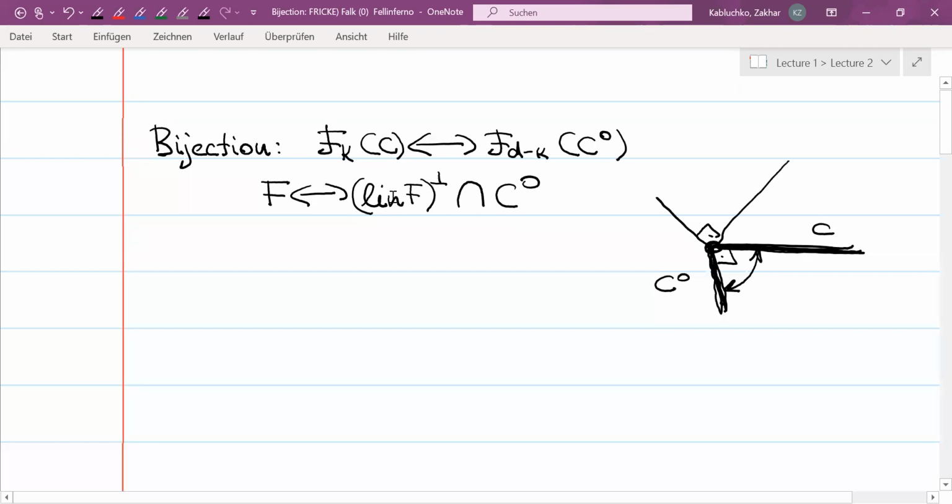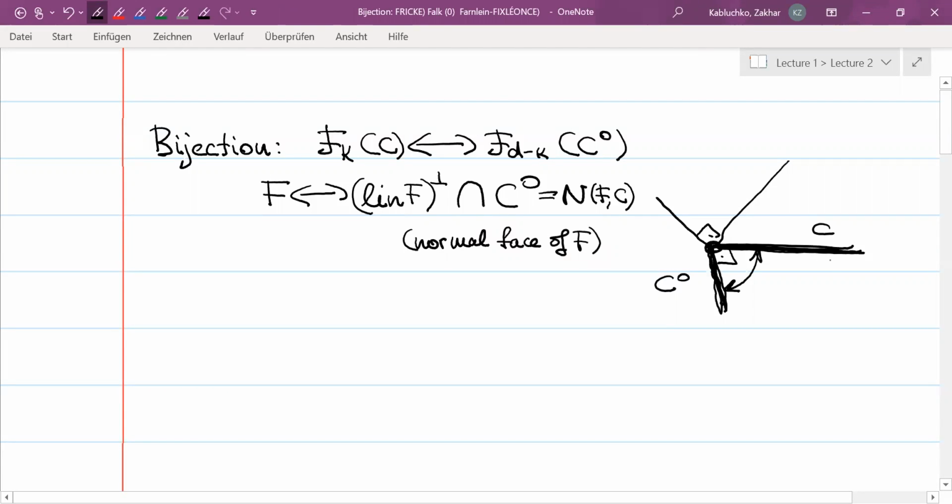So the linear hull is k-dimensional, and this is d minus k-dimensional. And this is a face of C dual. It is denoted by N(F, C) and it is called the normal face of F. So for example, if this is F, then this is the normal face of F.